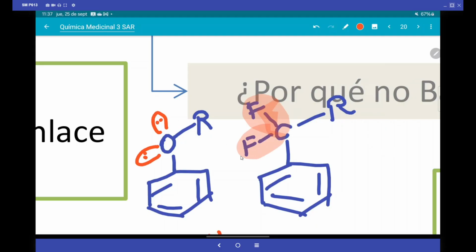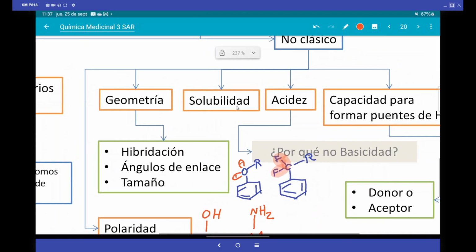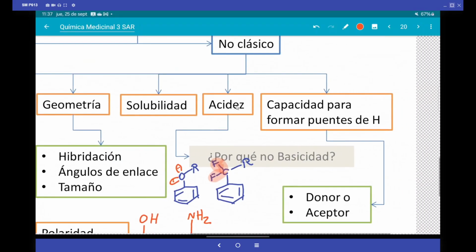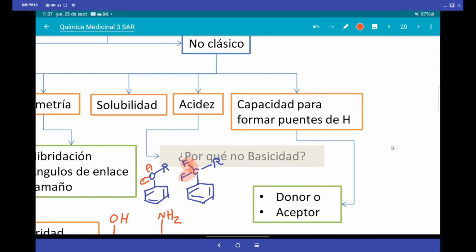I understand the idea: CF2, difluoromethylene, is an ether isostere, as strange as it seems. Then, as you can see, a fairly lax concept, we could have isosteres that provide solubility similar to a molecule that has two polar groups, for example, that generate a similar solubility.